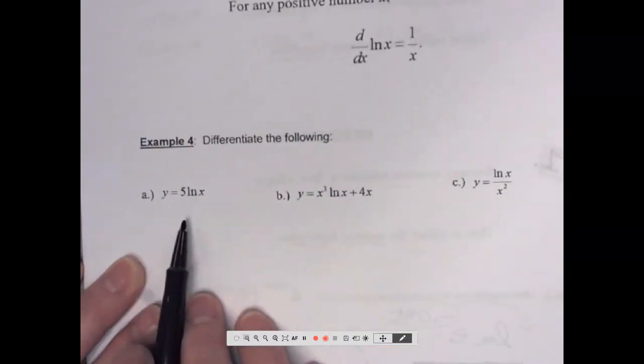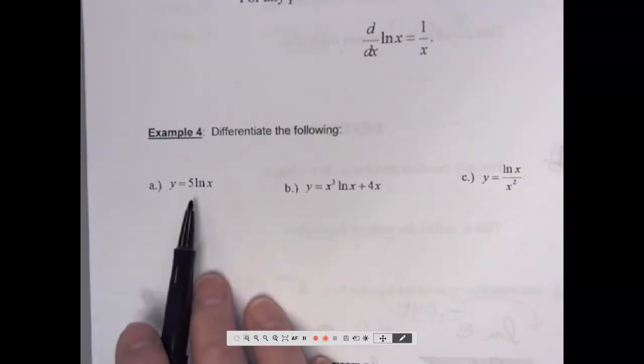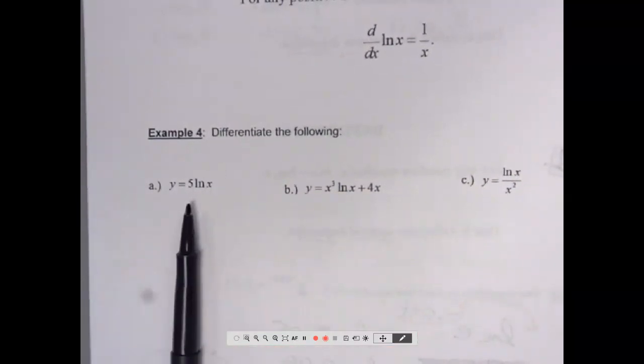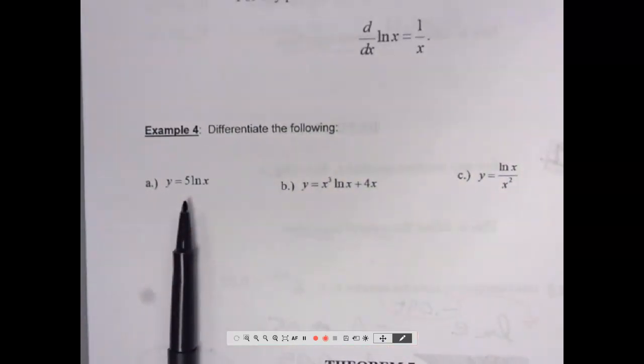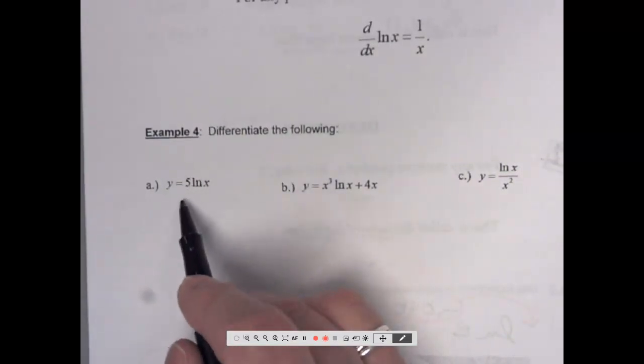So if I wanted to find the derivative of 5 natural log x, do I need to use the product rule? No. 5 is just a coefficient. Now, I would absolutely have to use the product rule if it was 5x natural log x. So 5 does not have a function of x, it's just a coefficient.